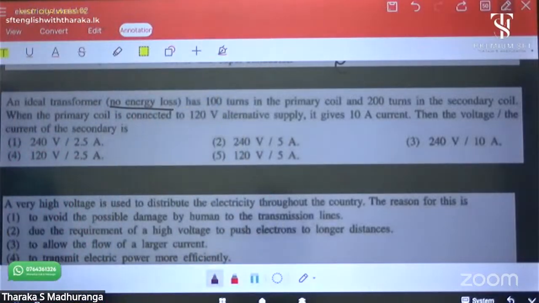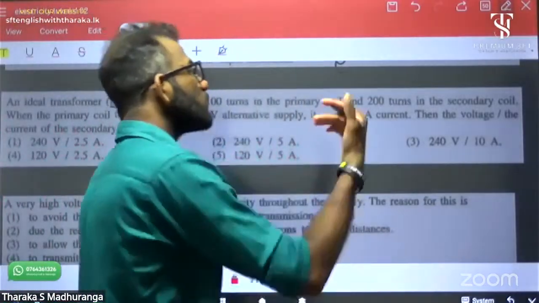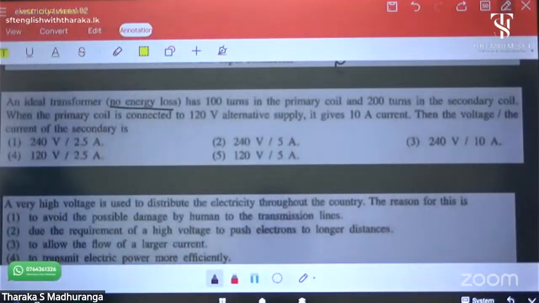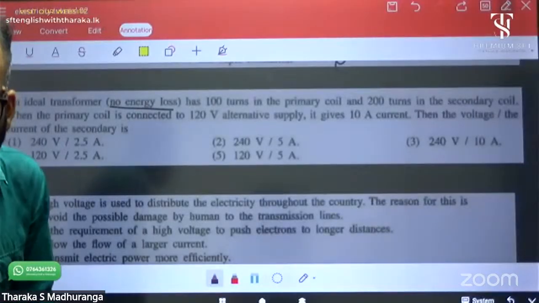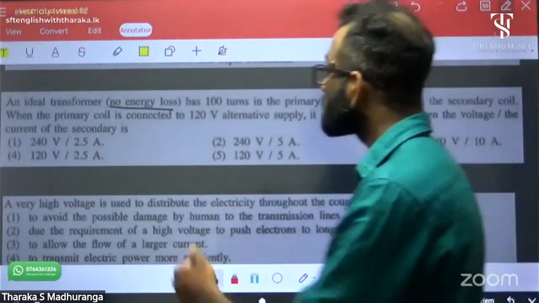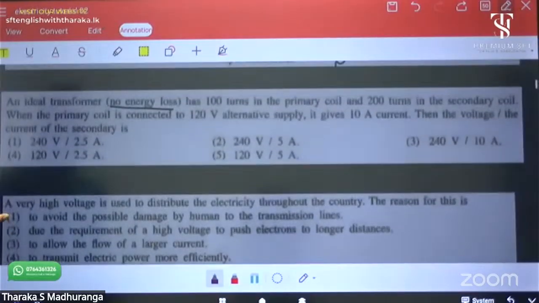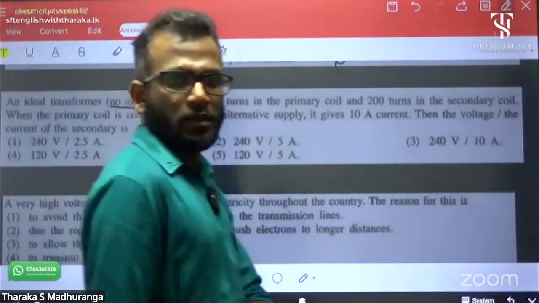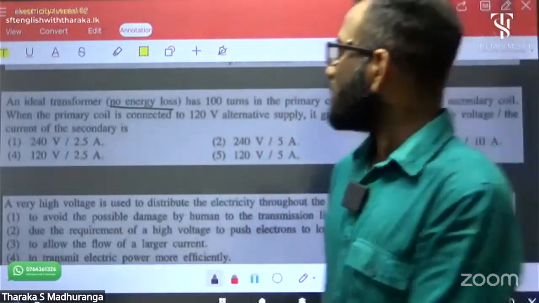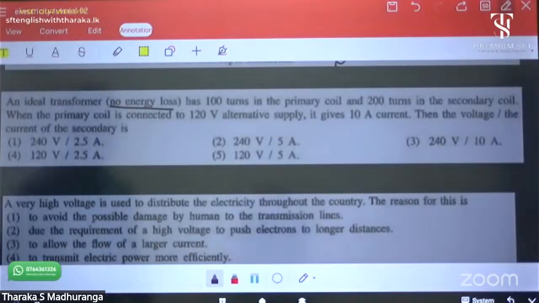When the primary coil is connected to a 120 volt alternating supply, it gives 10 ampere. Then the voltage over current of the secondary coil is?